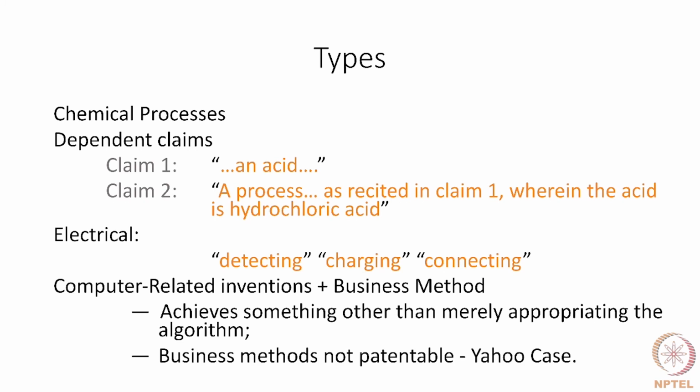But we have a specific exception on business methods because business methods are not patentable under the Act. And we have a case which is called the Yahoo case, which describes the prohibition of a business method patent.